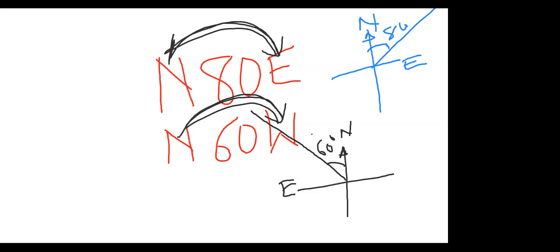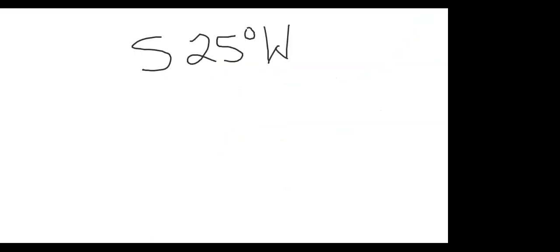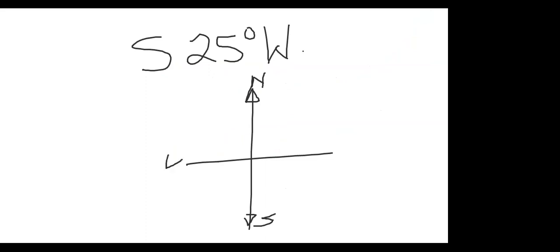Likewise, if someone gives you a bearing of maybe south 25 degrees west, it is the same thing. It means that if this is your north, this is your south, this is west, this is east, you're going to measure off 25 degrees from the south.